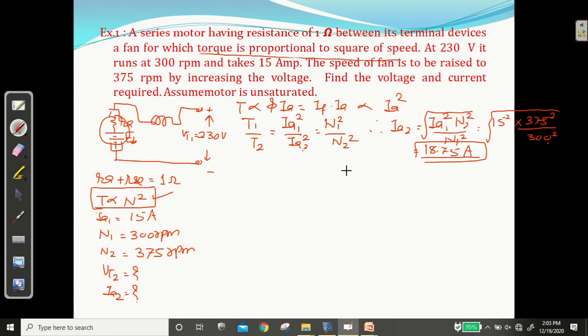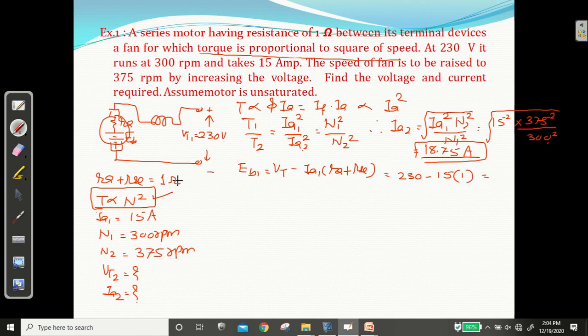Okay, so after getting IA2, we will find EB1 and EB2. What is EB1? EB1 equals VT minus IA1 into RA plus RSC. VT is given 230 minus IA1 which is 15 into RA plus RSC which is 1.